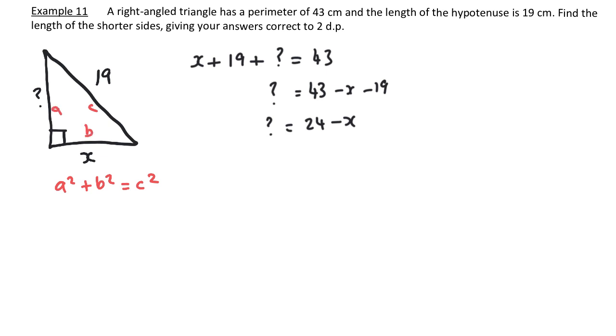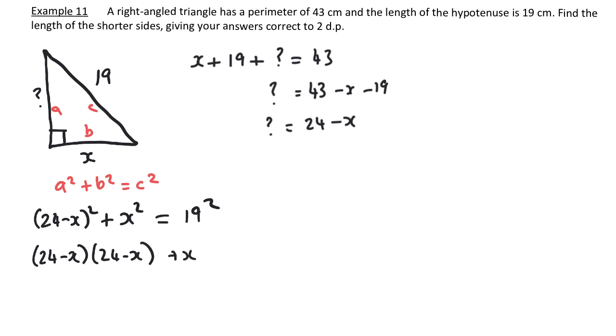So putting that information in, we've got a is 24 minus x, b was x, so x squared, and that equals 19 squared. A bracket squared, we need to repeat that, so 24 minus x times 24 minus x, plus x squared equals 19 squared. 24 times 24 is 576.